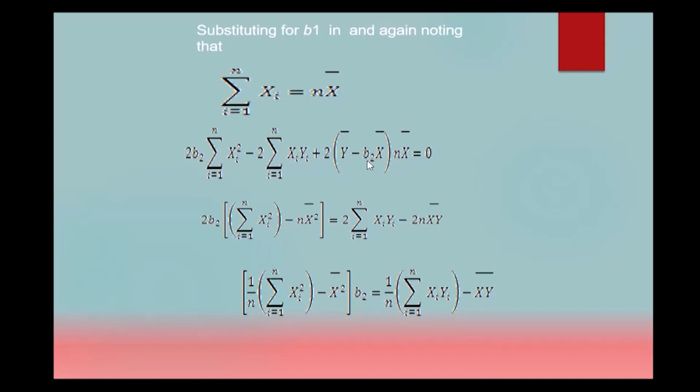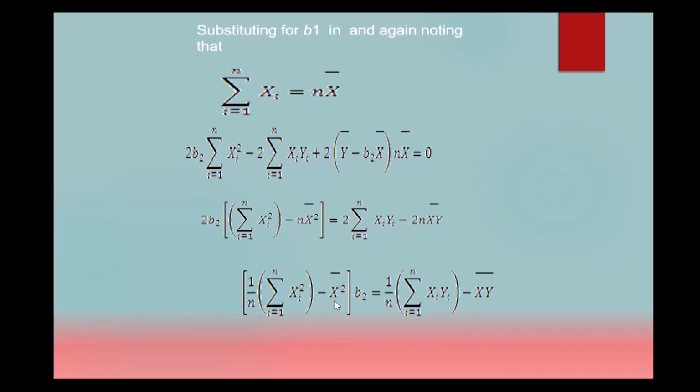This is by substituting the expression of b1 hat that we have got, and as I said, n x bar is multiplied. After this, we get the next step, which is 2b2 times the bracket of summation of xi squared minus n x bar square. This is very important because here it will be reflected as the variance. By keeping the equation on that side, we get 2 summation of xi yi minus 2n x bar y bar.